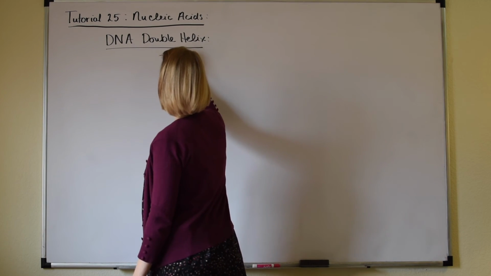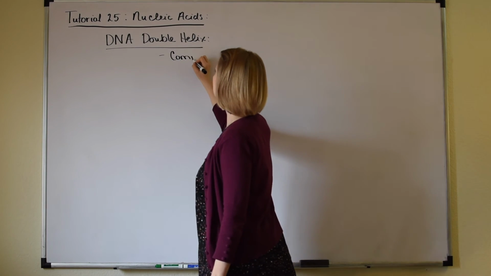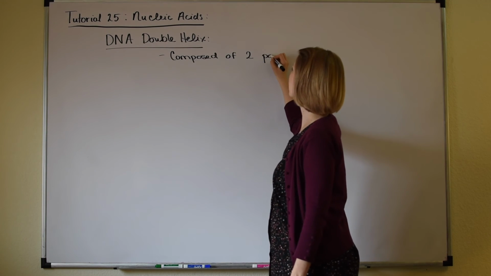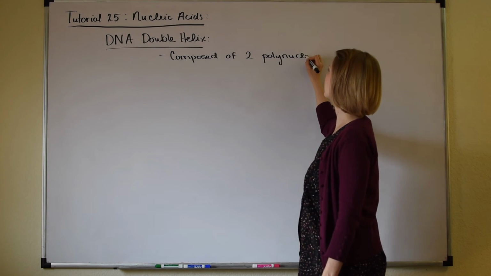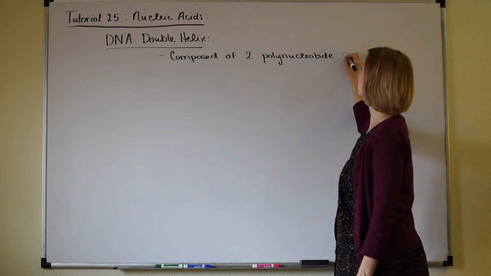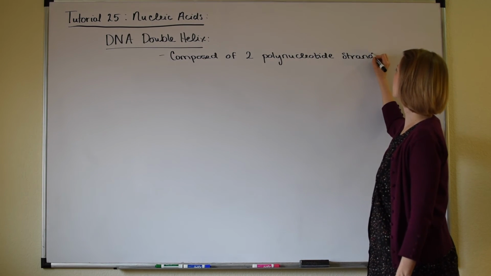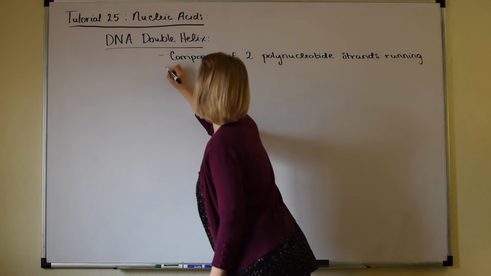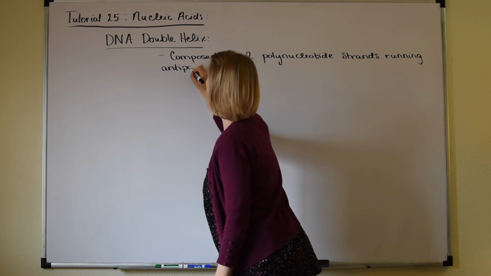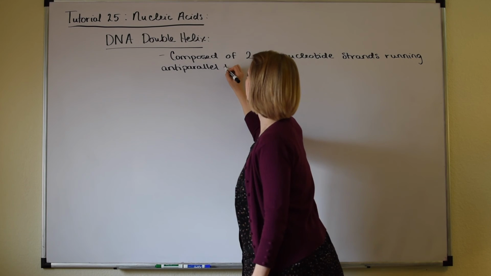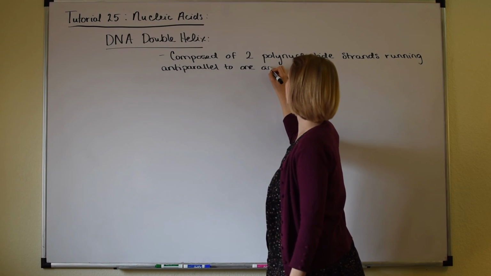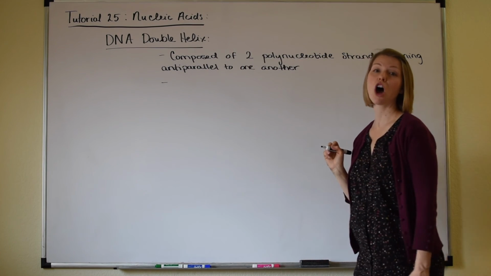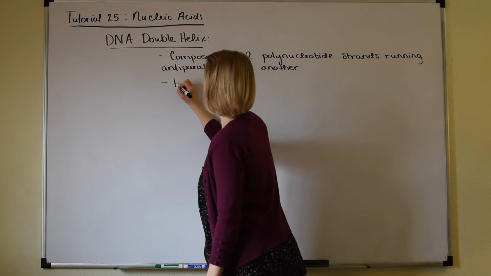So the DNA is composed of 2 polynucleotide strands running anti-parallel to one another. And those 2 strands are held together by hydrogen bonding.